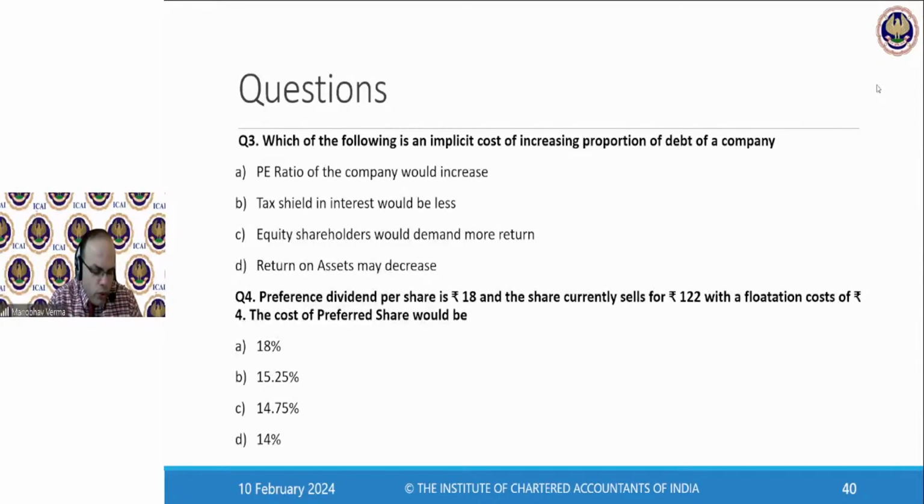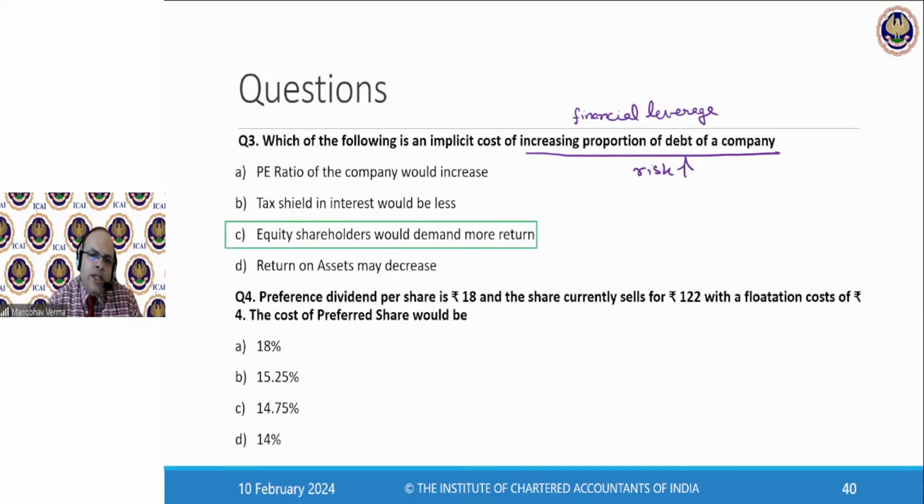But I think for sure, what I believe is, don't you think if we increase the debt, we are talking about using the financial leverage more and more, don't you think the company will become more risky? The risk is increasing, and hence the equity shares would demand more return.